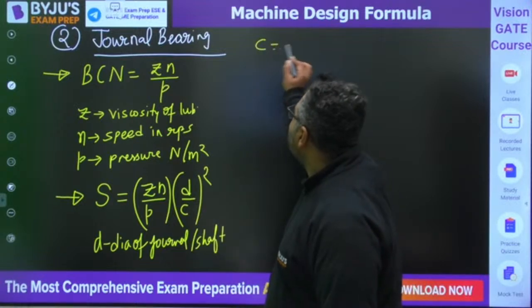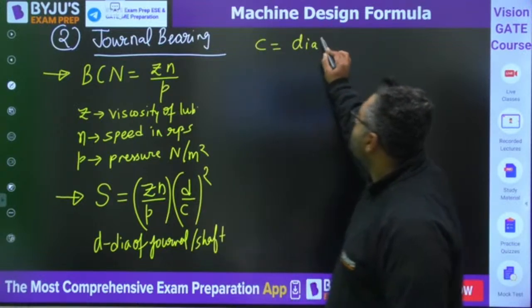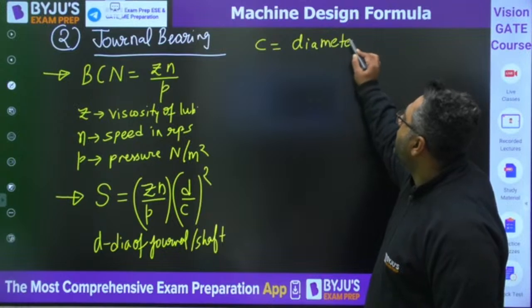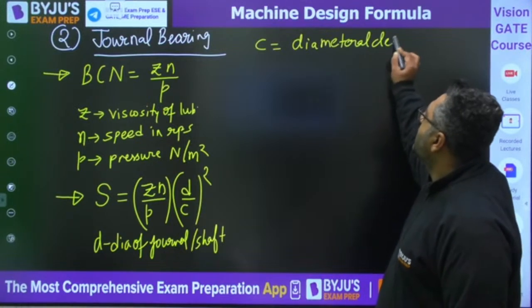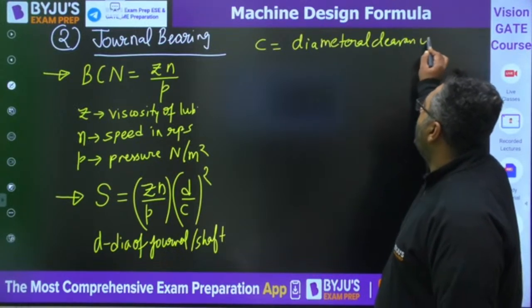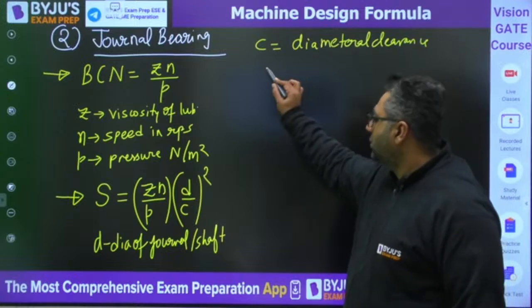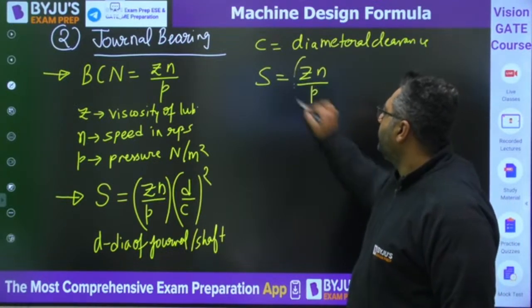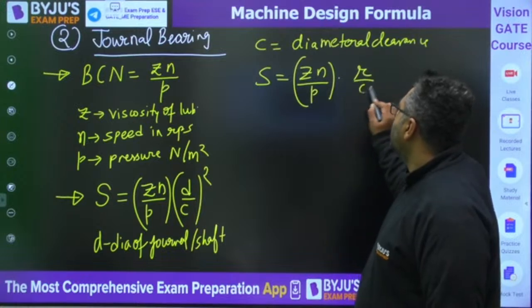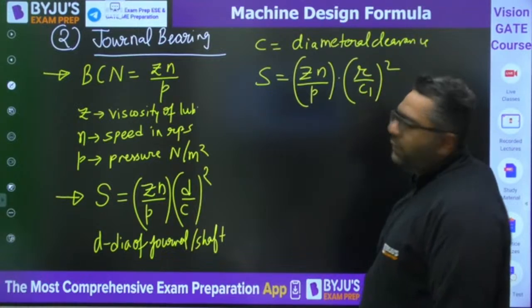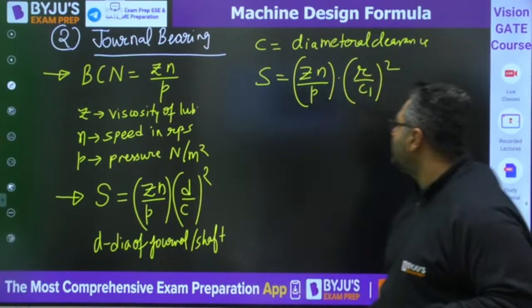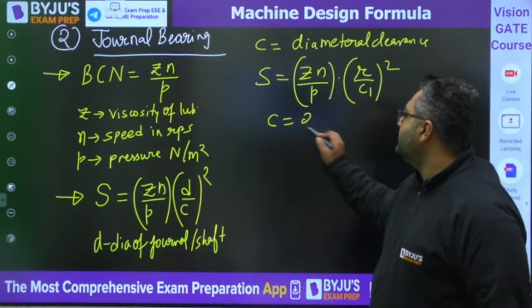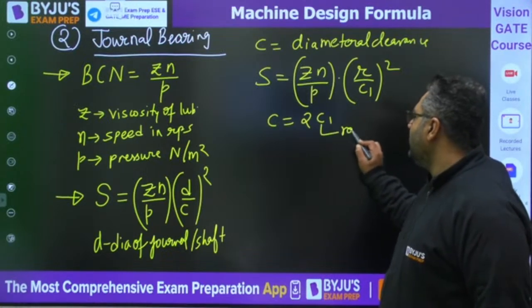And C is diametral clearance. And I feel everybody knows that we can also write Sommerfeld number as Zn by P into (R by C1) whole square, because D by C and R by C1 are the same, because C is 2 times C1, where C1 is radial clearance.